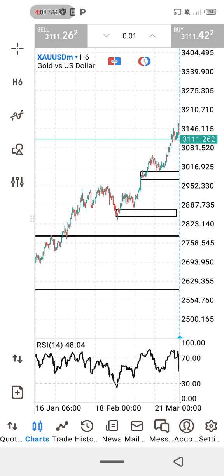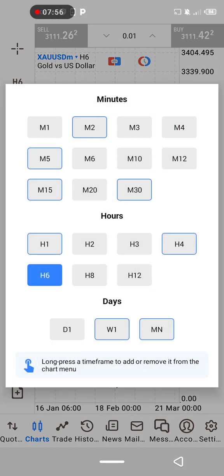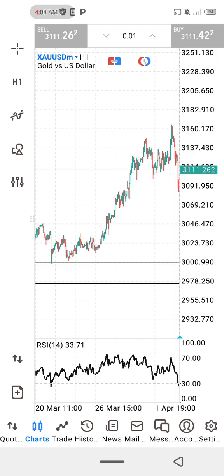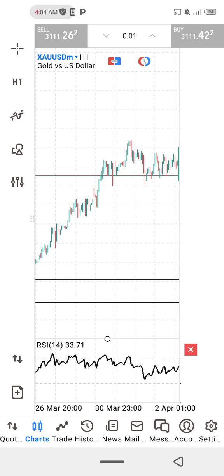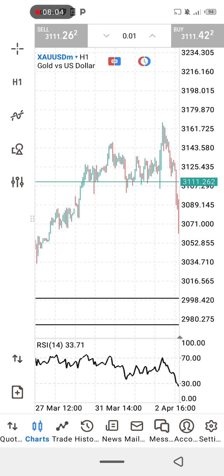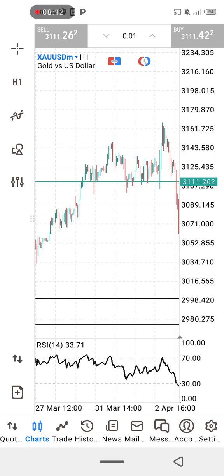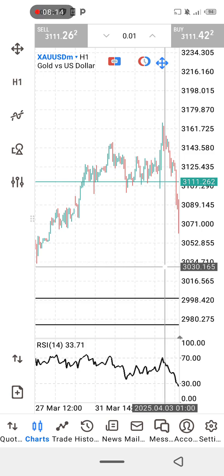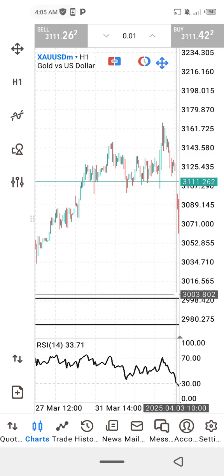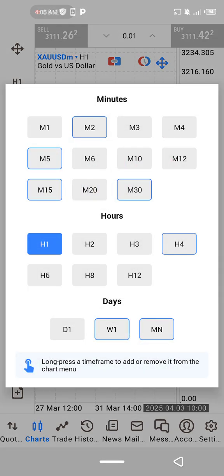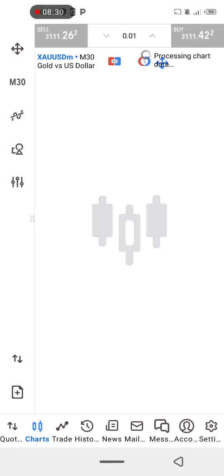So how do we trade this? We come down to our 1 hour time frame. As you can see, the market is tanking. The market is going back to our point of interest. When the market is at our point of interest, you want to go into your 15 minute or 30 minute time frame.